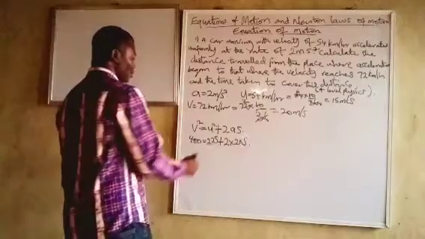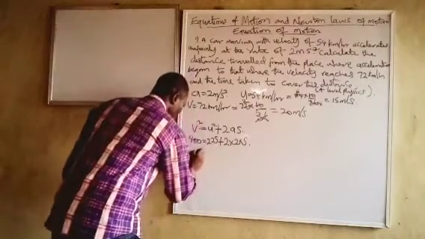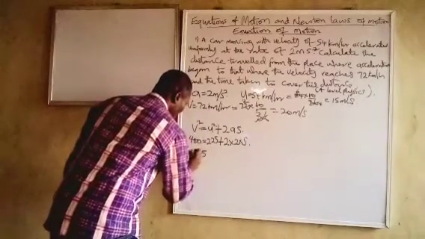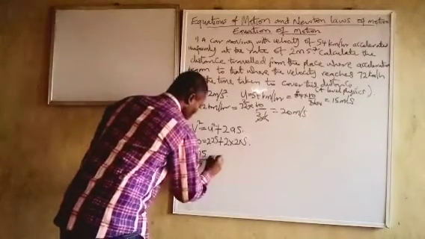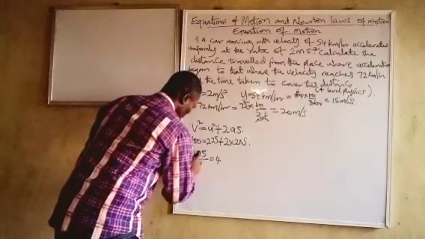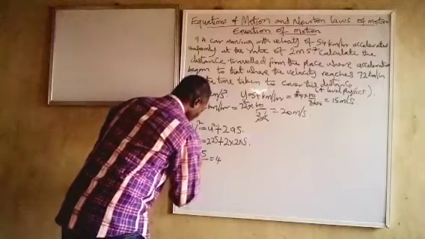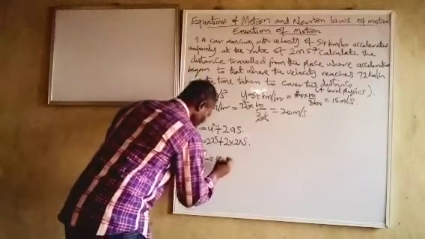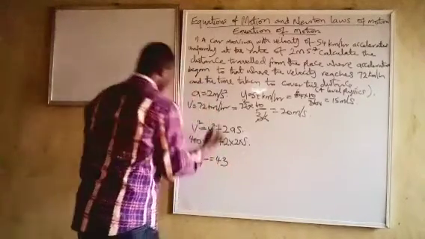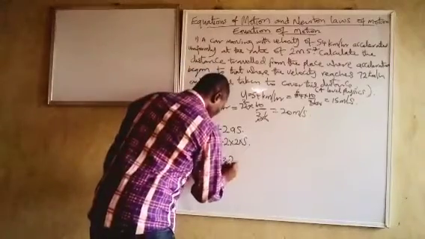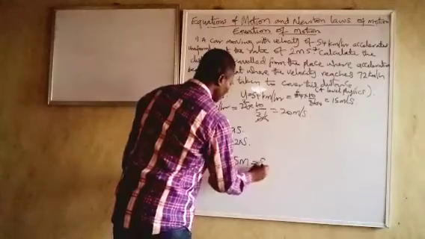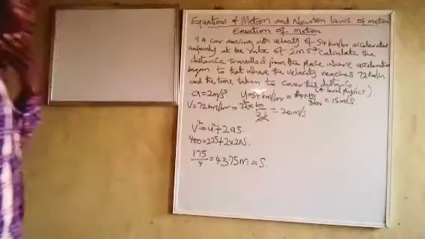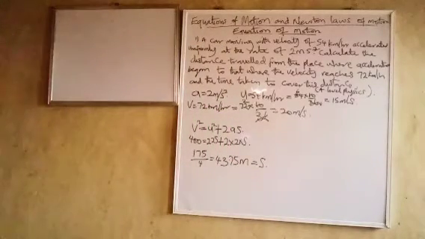And so we have 175 over 4, which is 43.75. So that's our change in s, 43.75.